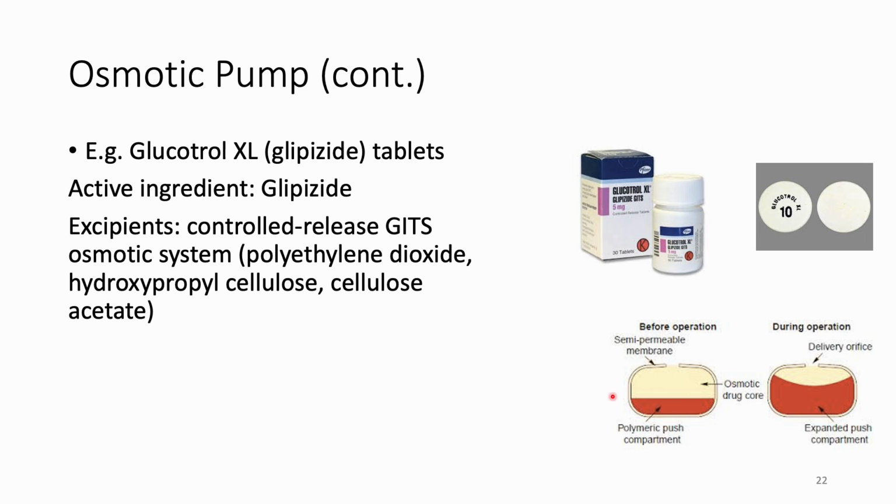With the increasing water, the volume increases, and with the volume increase the pressure rises, and the pressure will pump out the solution through the orifice. With time, the drug will be dissolved and pumped out, so it can control the release of the system.